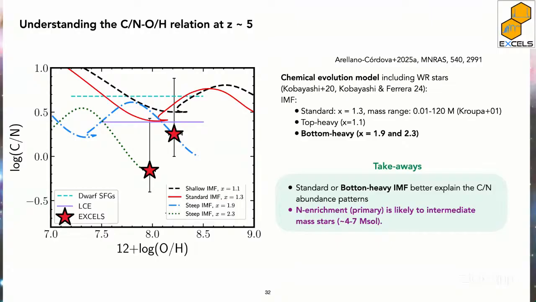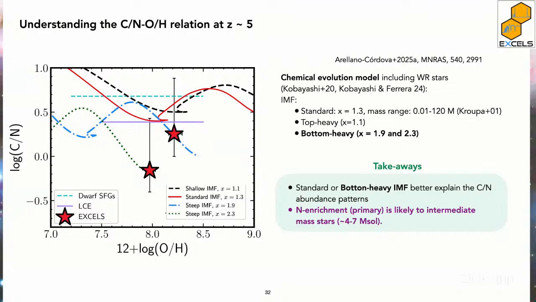So here in SFGs, I plan to increase this sample with some archival data from other surveys that we have with JWST, to try to constrain galaxies at redshift 5 or so.